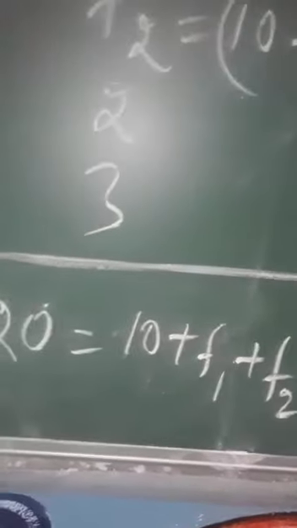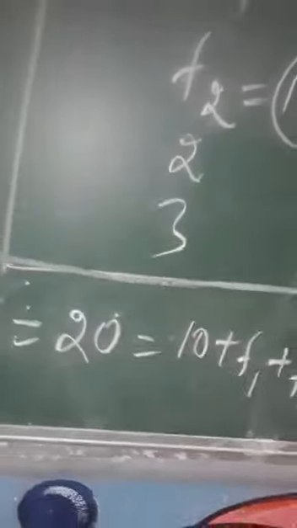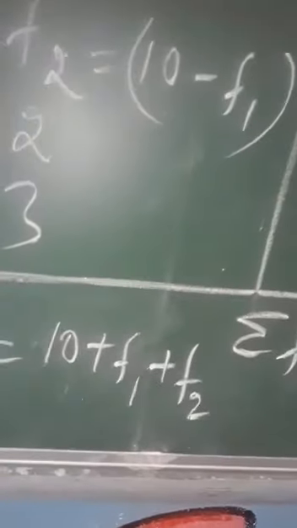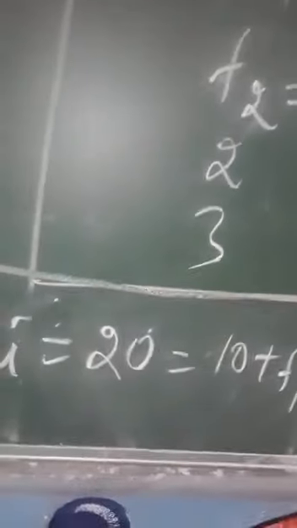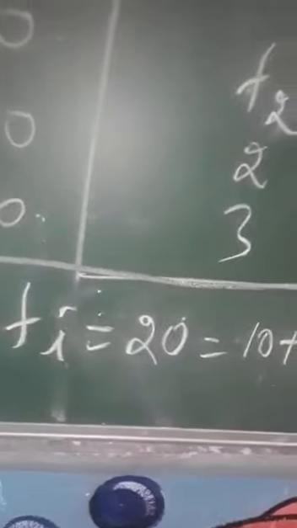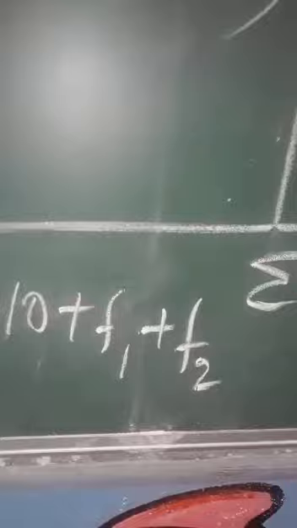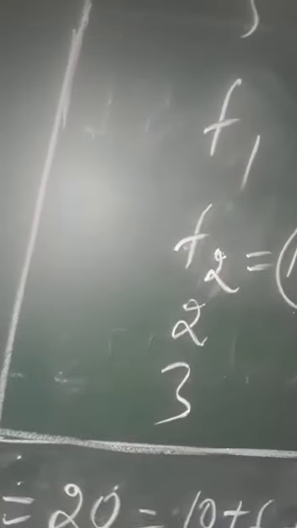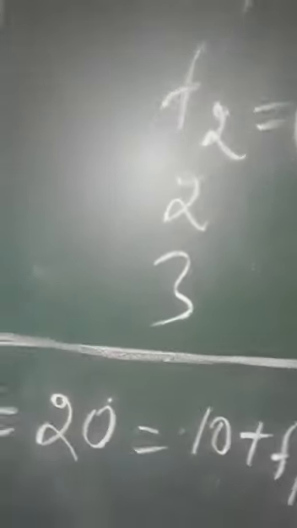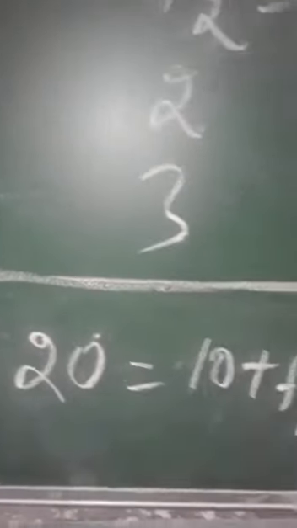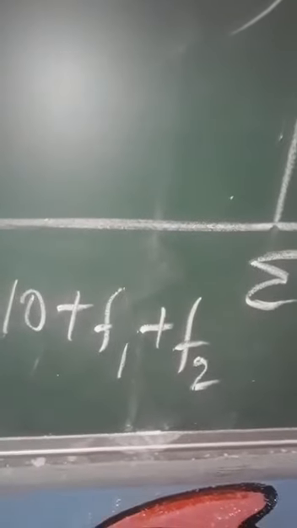When we equate 10 plus f1 plus f2 with 20, we can obtain that f2 will be equal to 10 minus f1. It is a very simple equation: 20 is equal to 10 plus f1 plus f2. Since the sum of all these terms 5 plus f1 plus f2 plus 2 plus 3 is equal to 20, it means that 10 plus f1 plus f2 will be equal to 20.